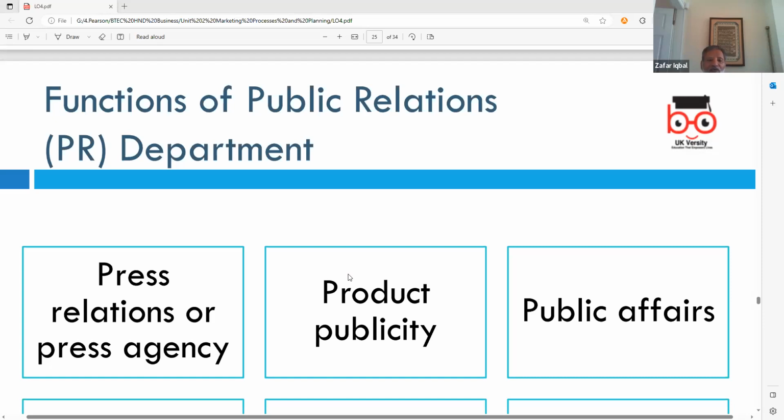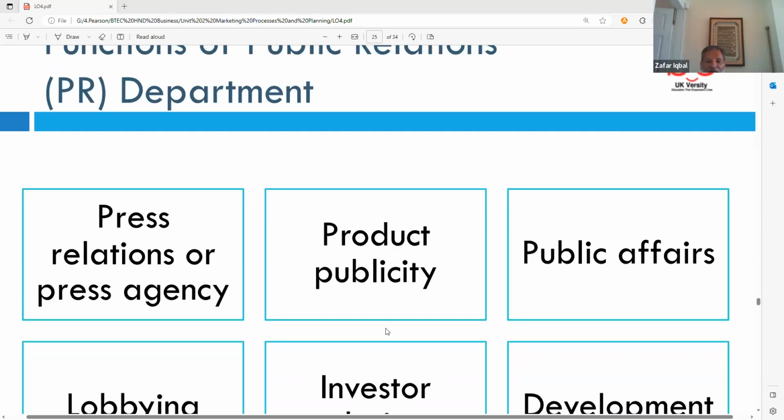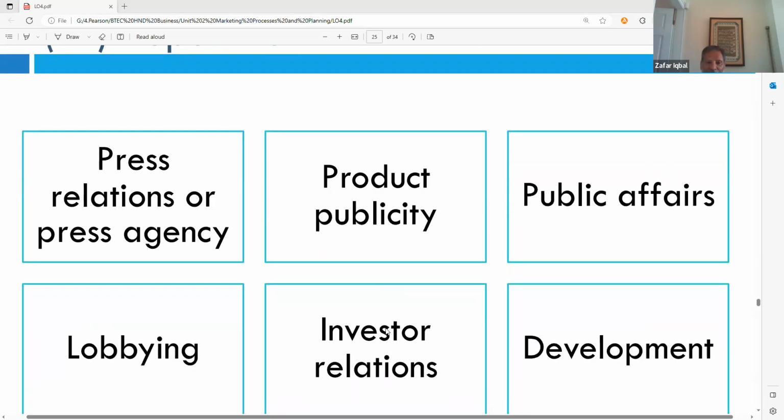Their main function is to create a kind of lobbying or awareness, or product publicity in the eyes of the public. You are targeting the general public for a specific purpose, making awareness in the press.